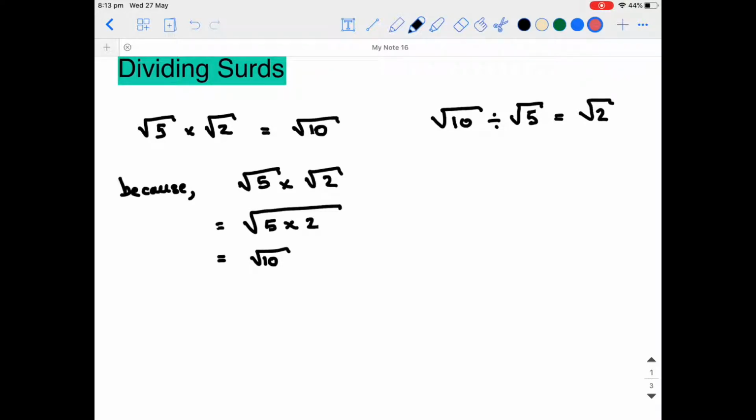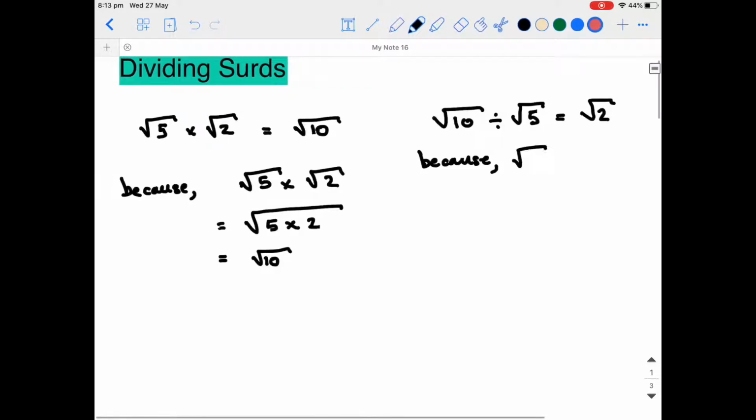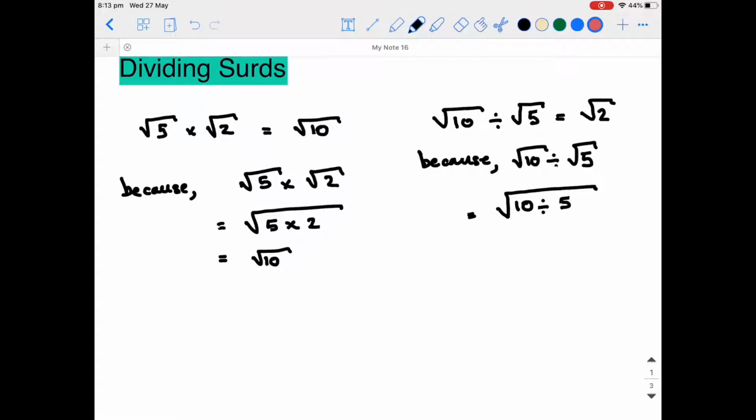Hopefully it should be nice and clear where that comes from, but if not, that is because the square root of 10 divided by the square root of 5, if you put that under 1 root sign, becomes the square root of 10 divided by 5, and if we process the division sum underneath, we know that 10 divided by 5 is 2, so the answer is the square root of 2.